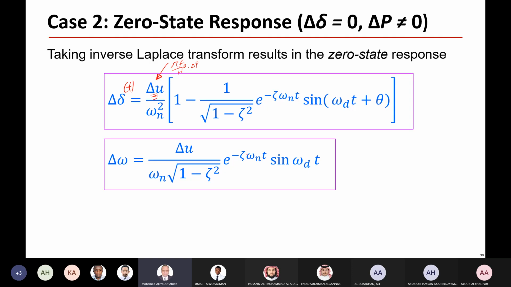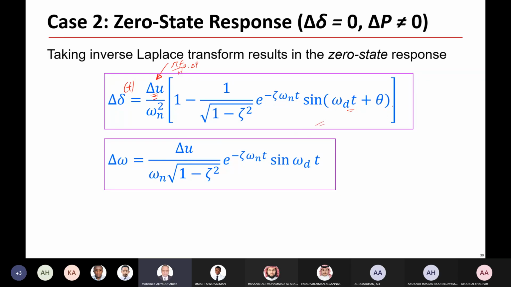So you can have omega n and zeta, which are of course definitely calculated from the H, synchronizing power coefficient, damping coefficient and all this. And you have omega d also known, so this is the time response.